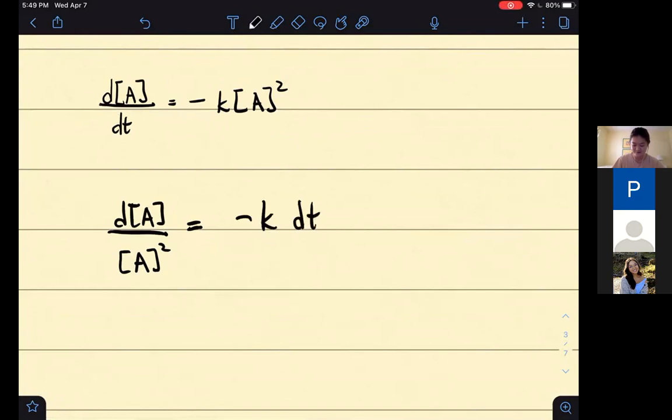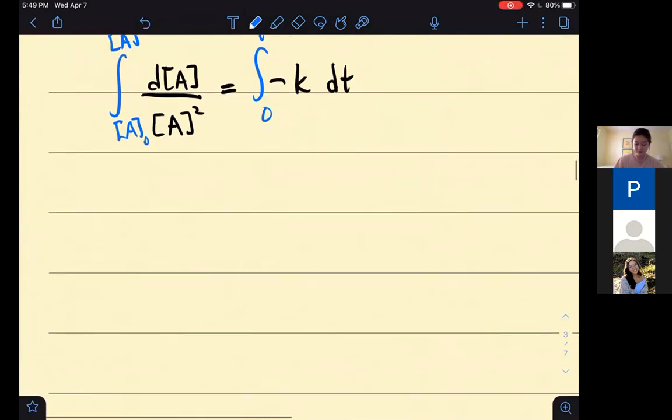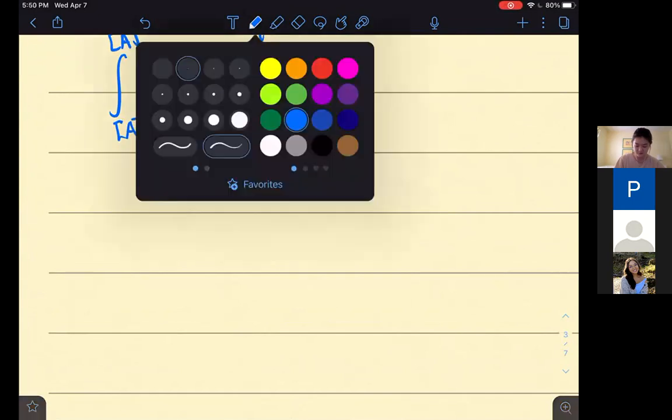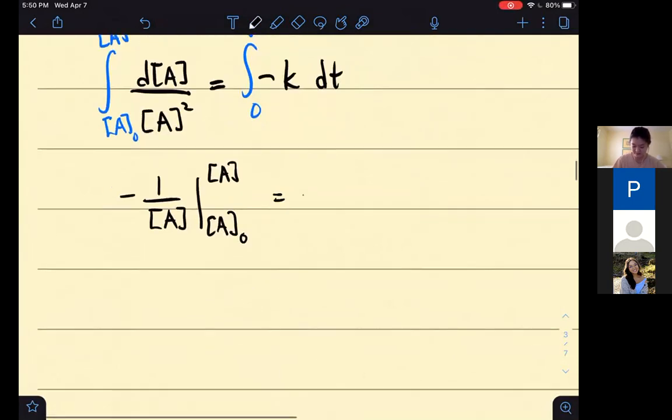So 0 to t. The integral of 1 over A squared, I believe, is minus 1 over the concentration of A. And then from this, and then again minus kt.